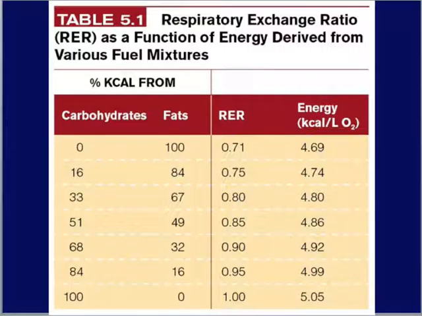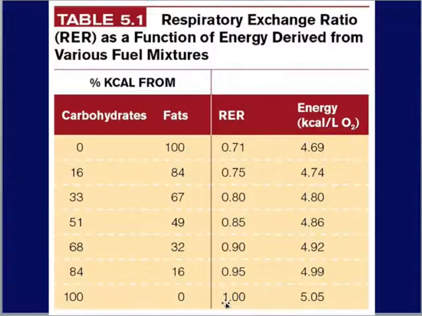All right, so let's look at this exchange ratio table here. First, let's look at RER, because that's the most important thing. This is what you're going to be looking at first, the RER right here. If we have an RER of 0.71, we're burning all fats.